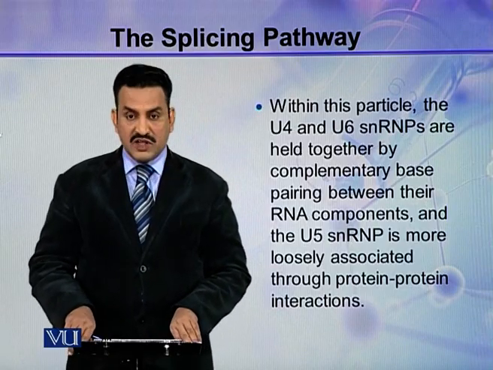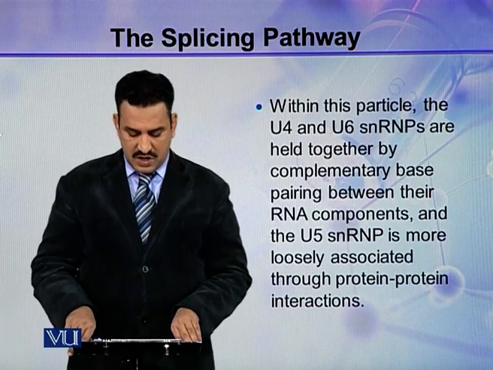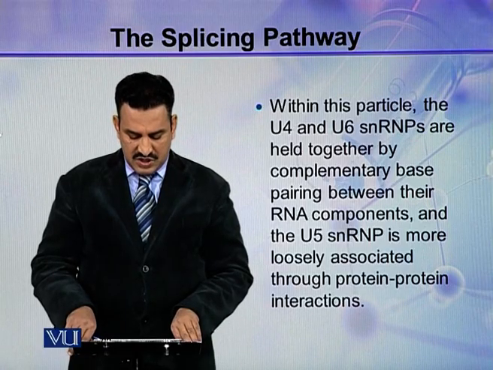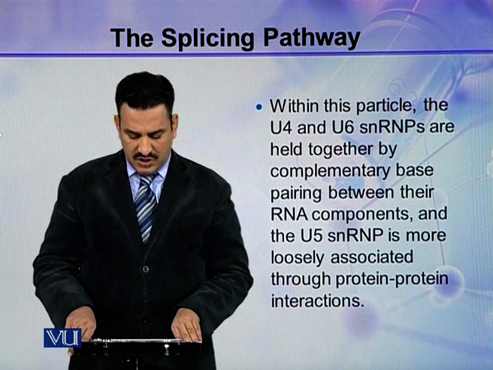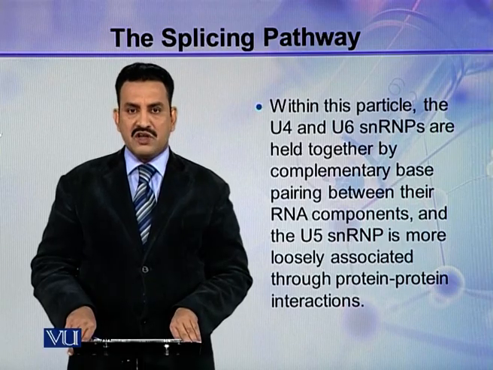Within this particle, the U4 and U6 SNRPs are held together by complementary base pairing between their RNA components, and the U5 SNRP is more loosely associated through protein-protein interactions.